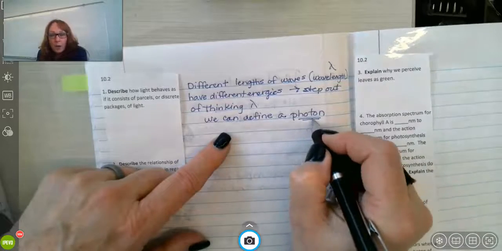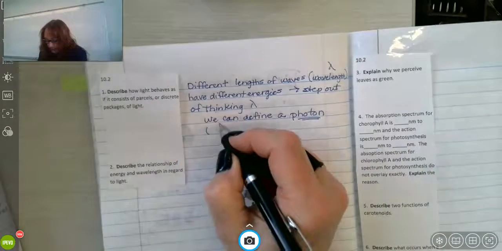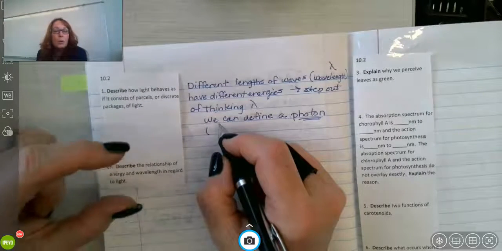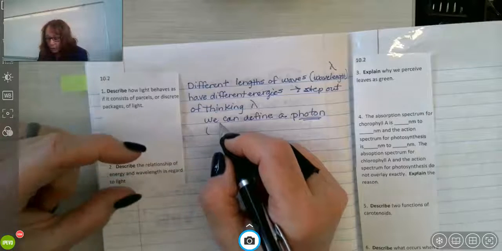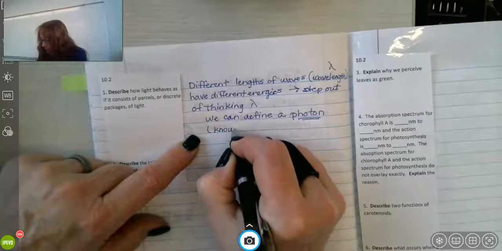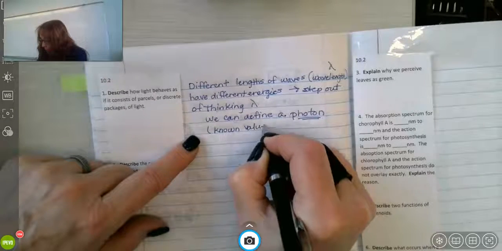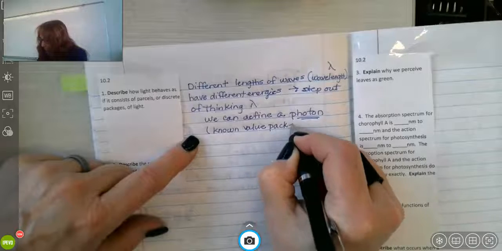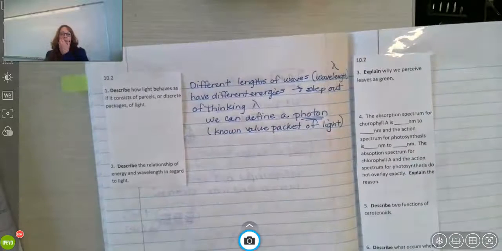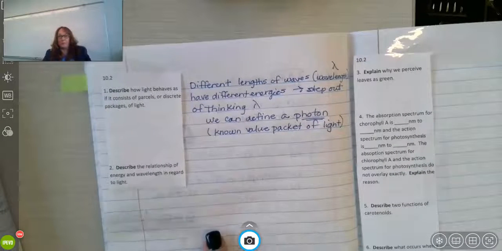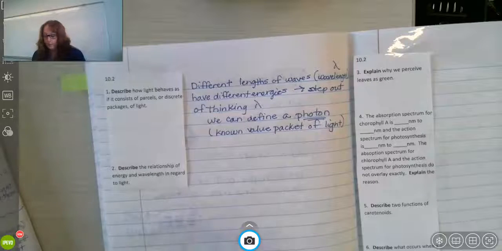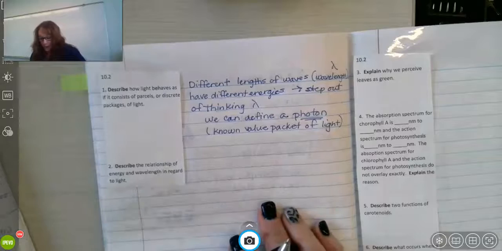So a photon is this, and I don't know how y'all feel about this word, but it's a discrete or a known amount of light. So this is a known value packet of light. Technically, it's the amount of energy when an electron changes its orbit, but whatever, we're not going there.